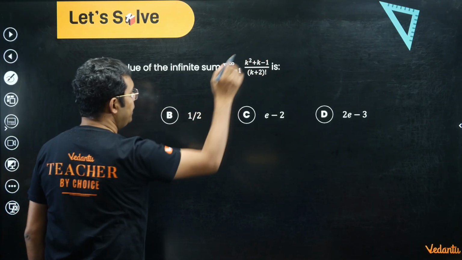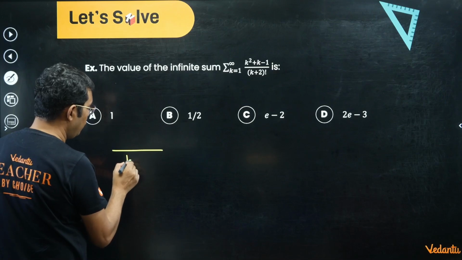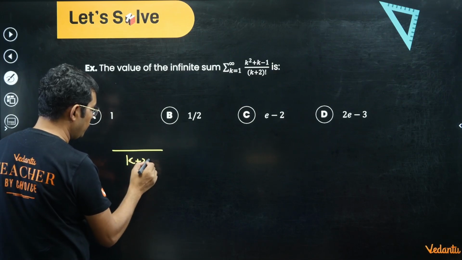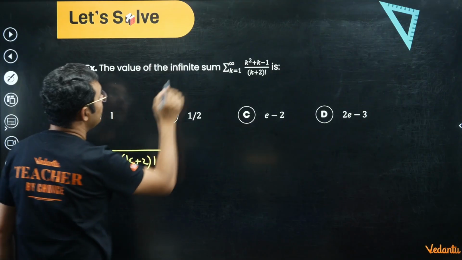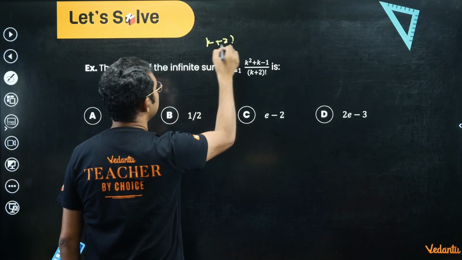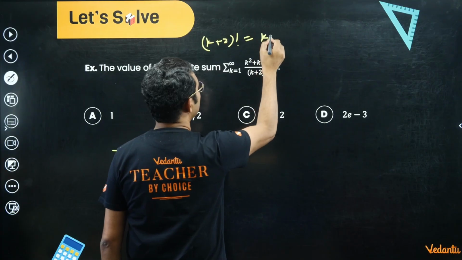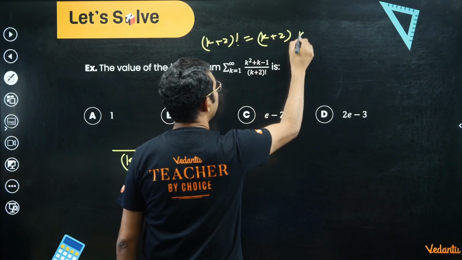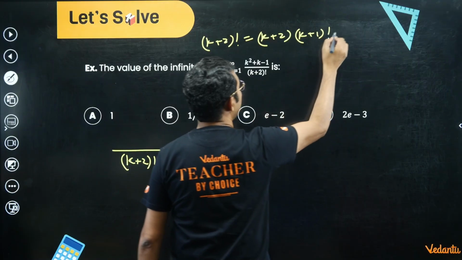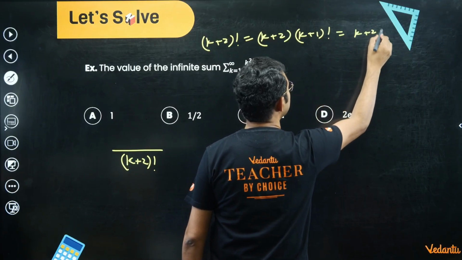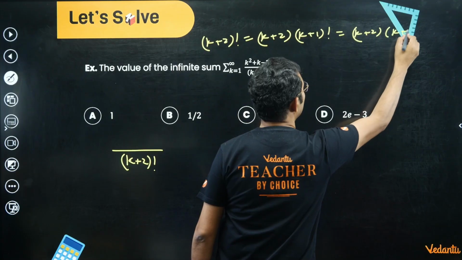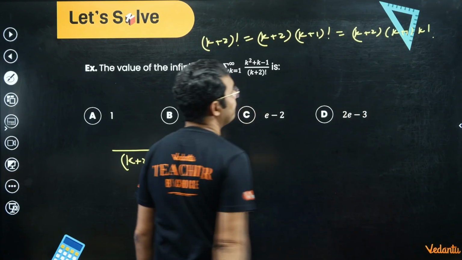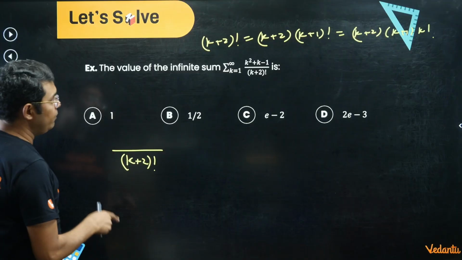So this term here, what I will do, because we know there is a property for factorial, k plus 2 factorial, you can write it as k plus 2 into k plus 1 factorial, or if needed you can also write it as k plus 2, k plus 1, and then k factorial. That is what I will be using here.